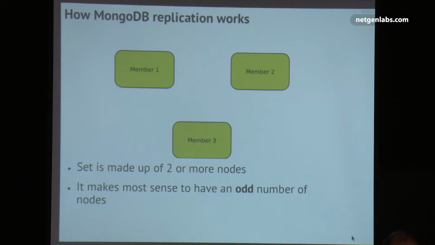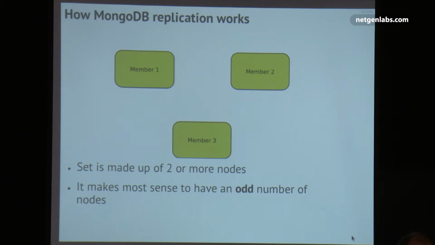The reason why you want to have an odd number of nodes is because if a replication environment is writable, you need to have more than 50% of your nodes up. Meaning that if you have a 2-node replica set, one node goes down, the other one is not the majority, so it cannot be a primary. Meaning that you can only read from your replica set at that moment.